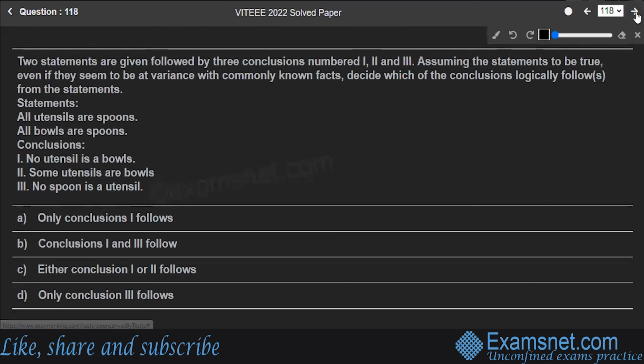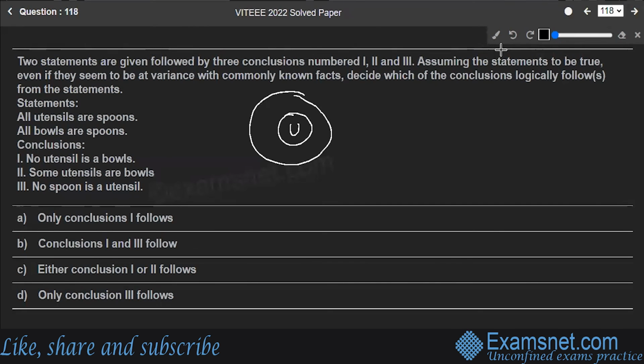Next is the 118th question. Two statements are given followed by three conclusions, number 1, 2, 3. Assuming the statements to be true, even if they seem to be at variance with the commonly known facts, decide which of the following conclusions logically follows from the statements. I'll make a Venn diagram to understand the problem clearly. First, it says all utensils are spoons. So if I'm making this as utensils, here are the spoons.